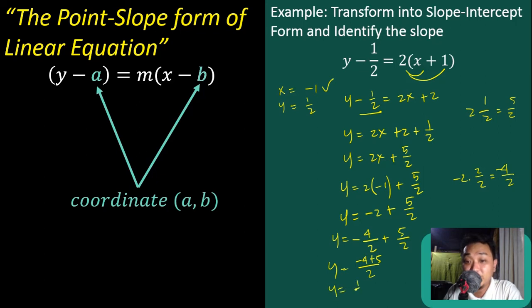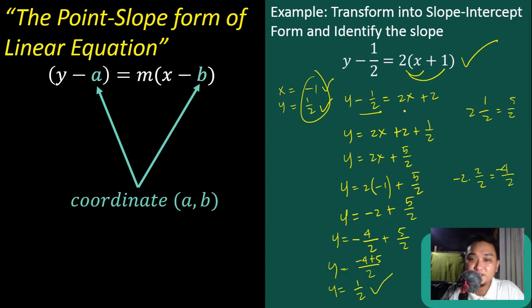That is 1/2, which is correct. Therefore, this coordinate here pertains to a point. That point is along this line. For we are pretty much sure that that coordinate there that pertains to a particular point passes or is along this linear equation.